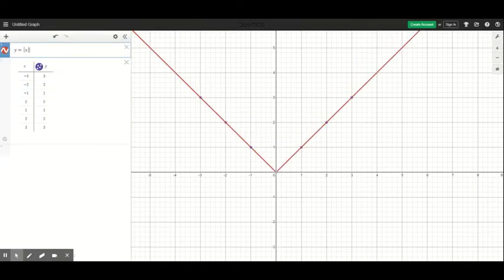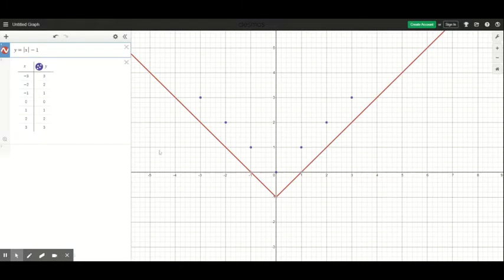Instead, if we do -1, as you might have predicted, that has the effect of moving the graph down 1. Every single point has now been moved down 1. And so with -1 here, these are the parent graph points. If we wanted them to be in the right place, what we're doing is subtracting 1 from the y values.